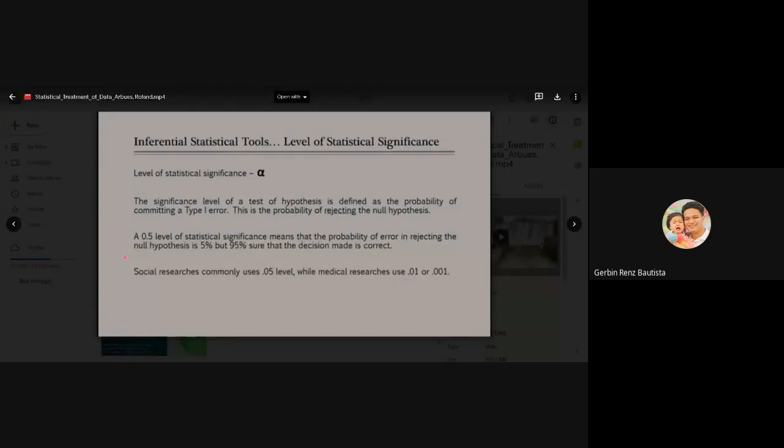Social researchers commonly use the 0.05 level, while biological and medical researchers use the 0.01 or 0.001 because recommendations from findings in medical research should be based on the lowest margin of error.